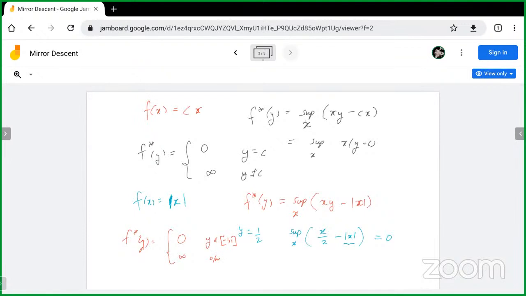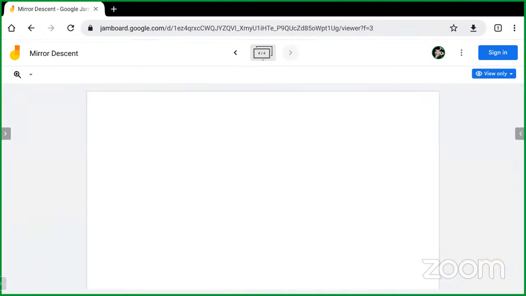Now let's do a high dimensional one. Take something a bit familiar: half of x transpose x, or whatever, half the norm of x squared. Let's do this. Now, what is f star of y?